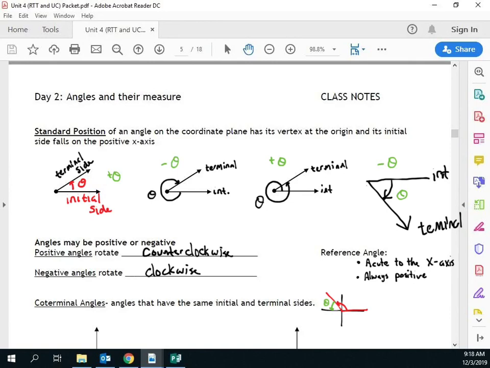Now, when the angle is in this area right here, it's pretty simple because what's the definition of an acute angle, guys? Smaller than 90. What's the degree from here going up to there? How many degrees did I just go? 90. So everything in here is real straightforward with reference. If I went up 45 degrees and I'm here, the reference angle is 45 degrees.